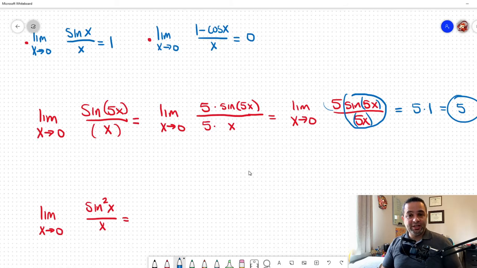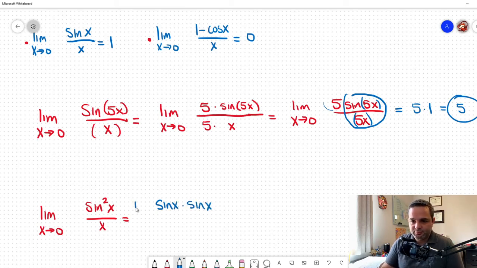All right, so let's look at our second example. Down here I have sine squared x over x. Again, we might be tempted to say that's almost like that, so it's going to be 1, right? Again, if I directly substitute, I get my indeterminate form, meaning something can be removed. I know that sine squared is the same as saying sine of x times sine of x, so I'm going to start there.